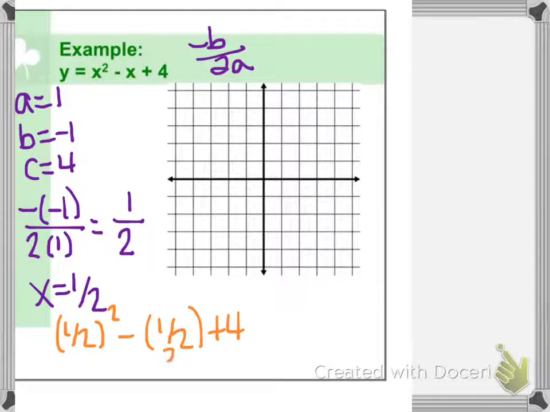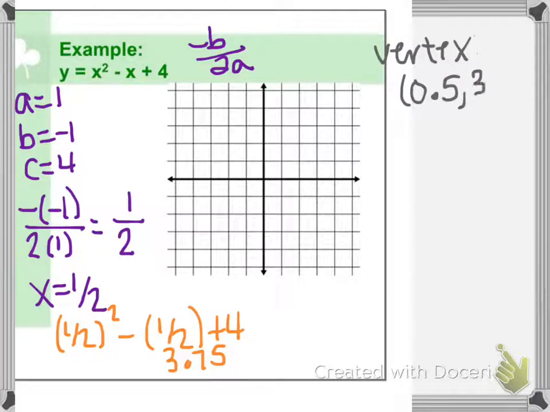So I got 3.75. So my vertex is at the point 0.5, or 1/2, 3.75. That's not pretty, but it's doable.